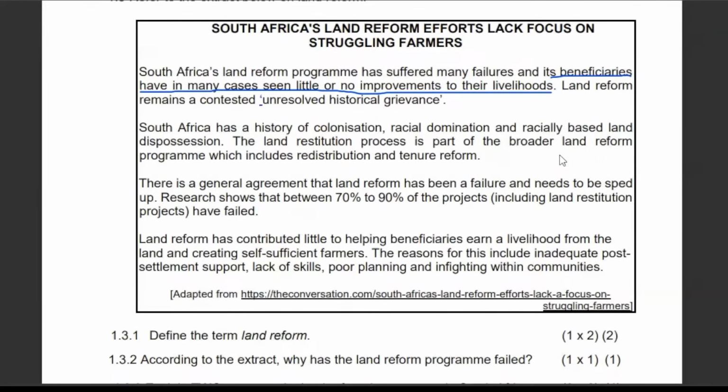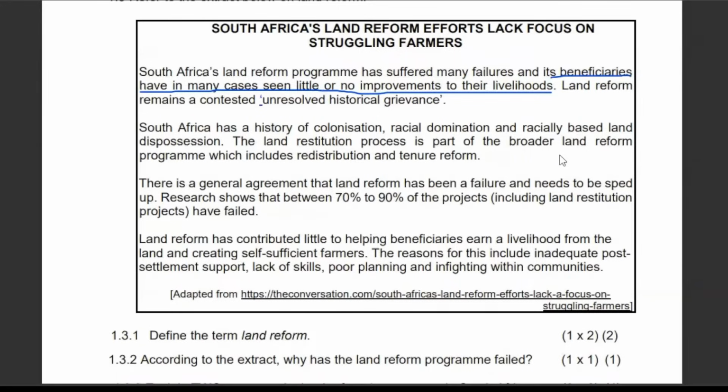Right. Is that the only evidence that we have? We can also check if there is any other justification for the failure of land reform. It says land reform remains a contested or unresolved historical grievance.